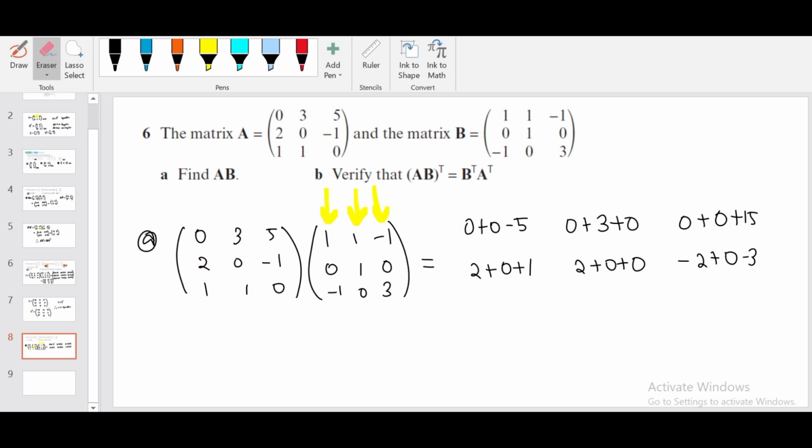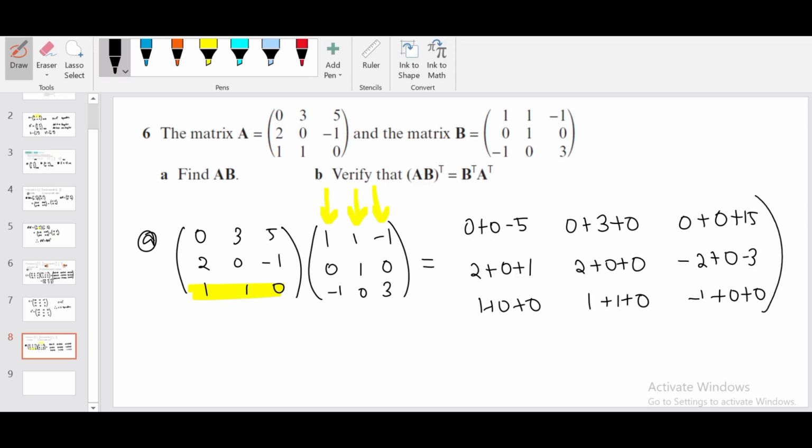And then take the third row, multiply all the three columns. You will get 1, 0, 0, 1, 1, 0, minus 1, 0, 0, and then simplify. You will get AB, which is minus 5 3 50, 3 2 minus 5, 1 2 minus 1. That's matrix AB.